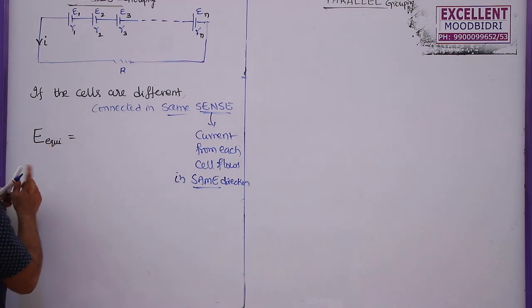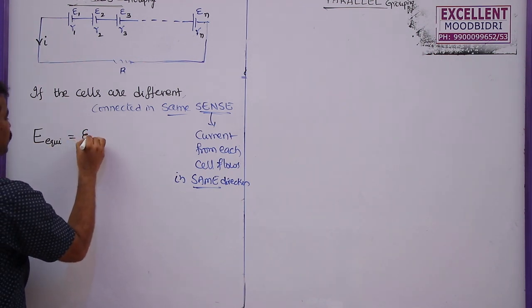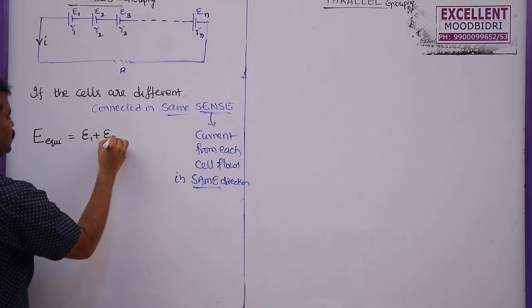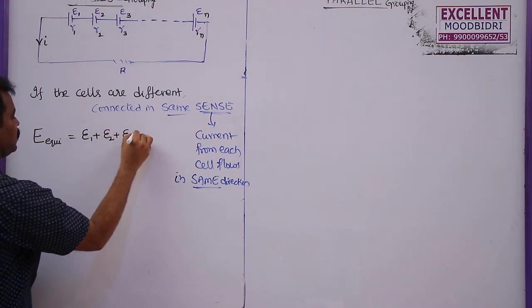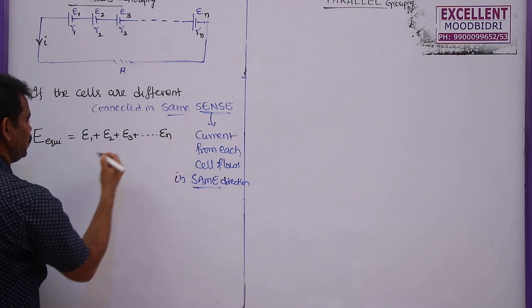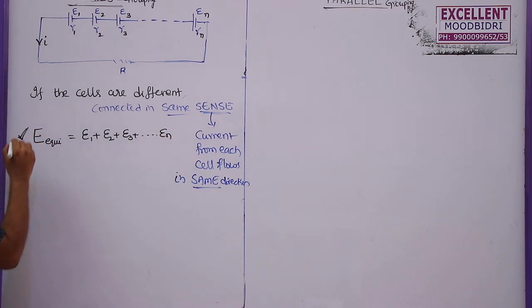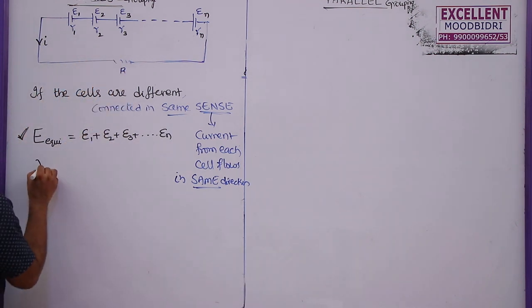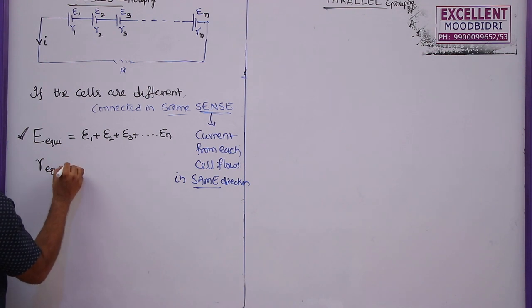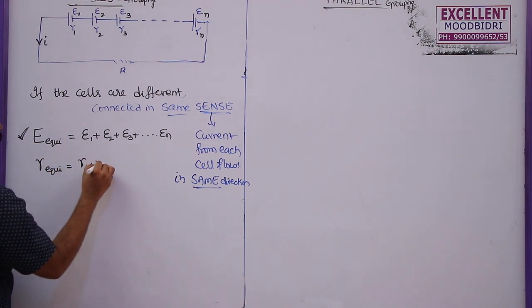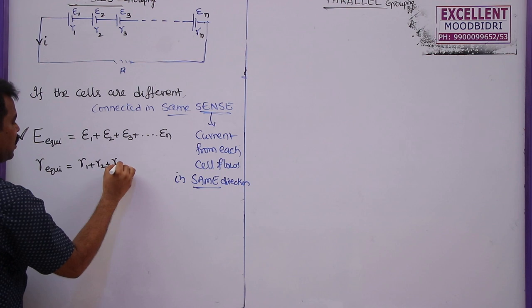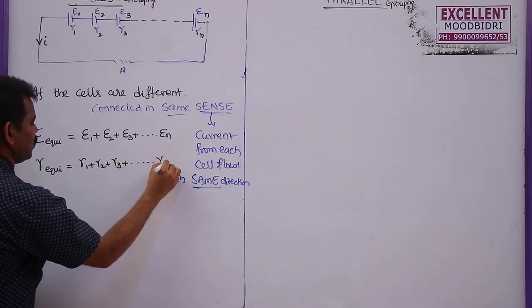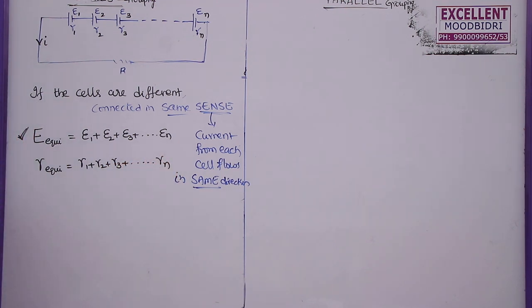Then E equivalent is equal to E1 plus E2 plus E3 and so on up to En. This is the equivalent EMF of this combination. The equivalent internal resistance R equivalent is given by R1 plus R2 plus R3 and so on up to Rn.